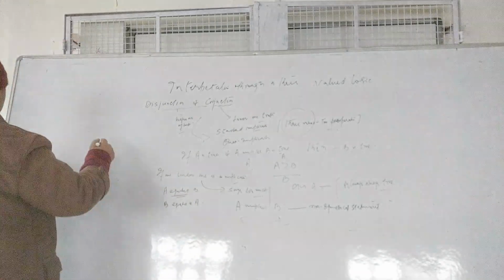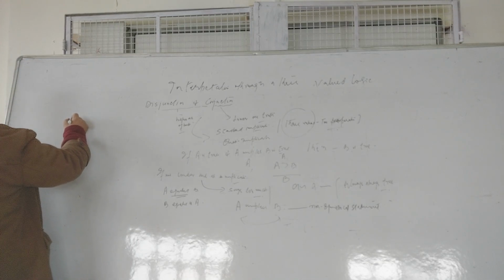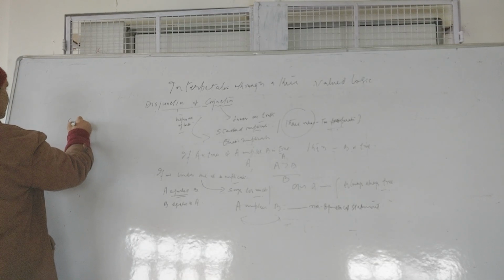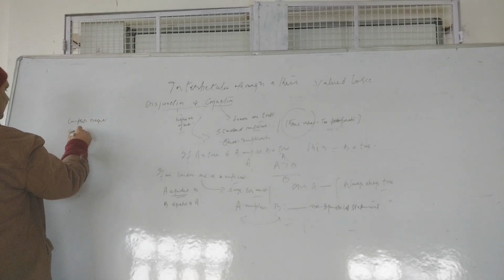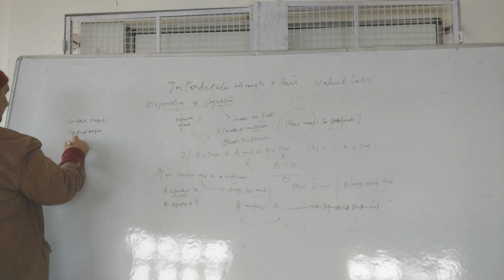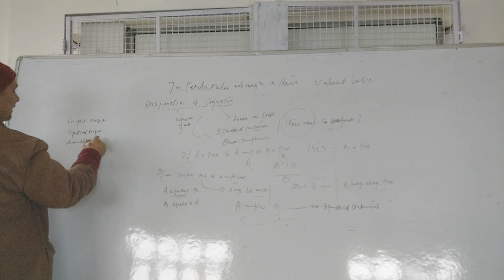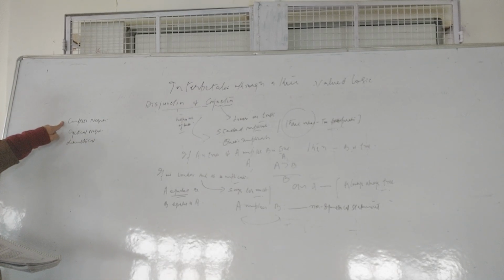You can also have, for example, as a binding force, negation, cyclical negation, diametrical negation. So negation also comes in different varieties, some more true, some less true.